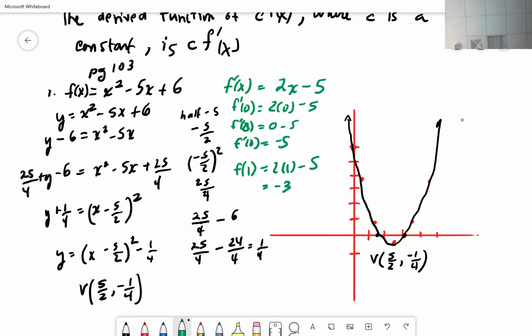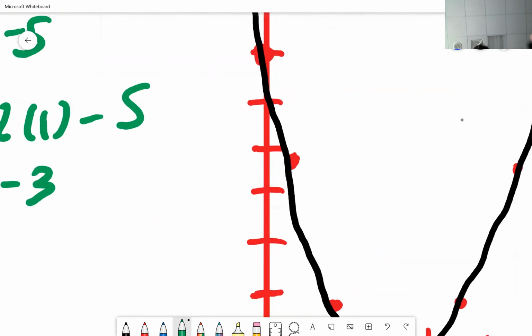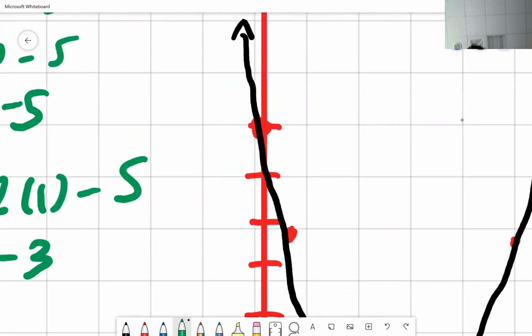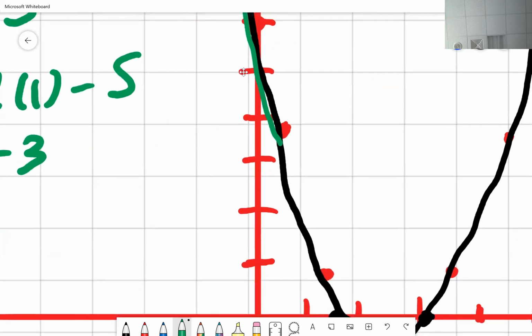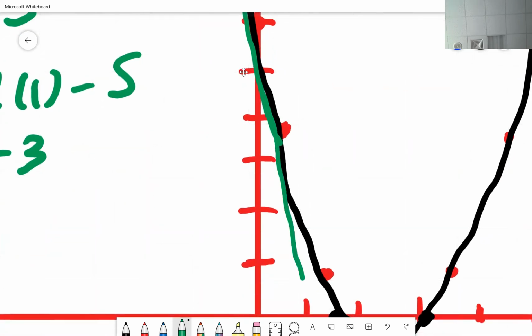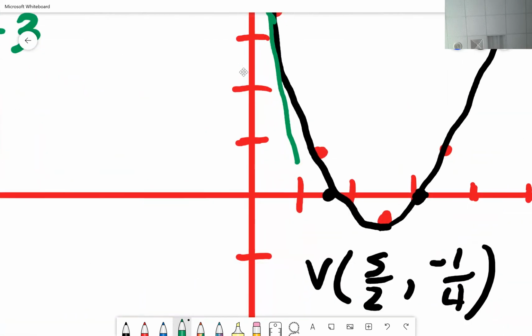Everything to the left of that vertex is going to have, and it's really hard for me to draw, let me zoom in, so every single one of these tangent lines will have negative slopes.